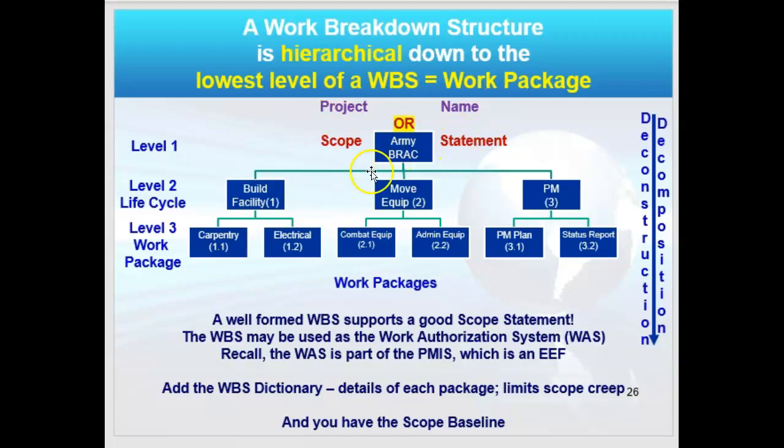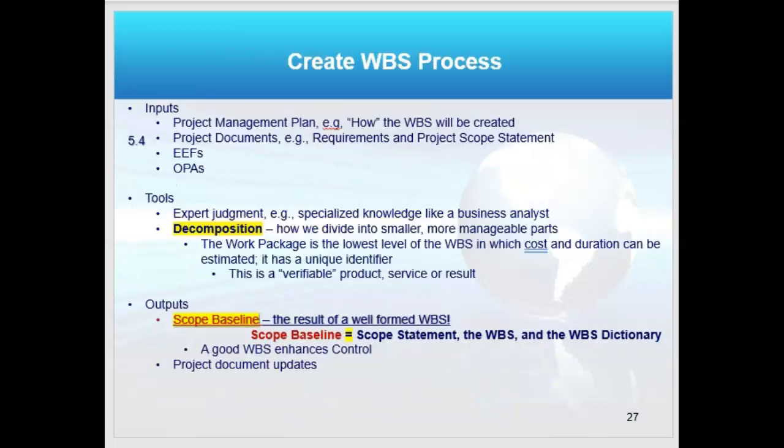So I start with my product name or scope statement up here. I break it down into the life cycles and then break it down into the work packages eventually. And this tool we use is called decomposition along the way, right? So a well-formed work breakdown structure supports that great scope statement because it doesn't add things to it, doesn't subtract, just fulfills it.